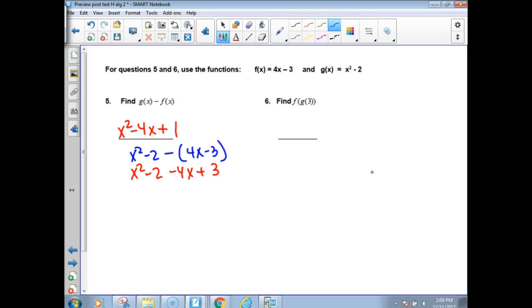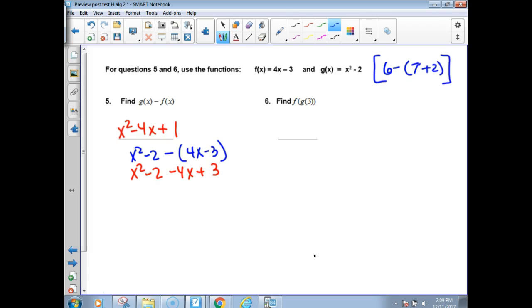Number 6 says to do the f of g of 3. Now, since I have the time, I want to try to explain this in another way that maybe would help if you haven't been getting this.